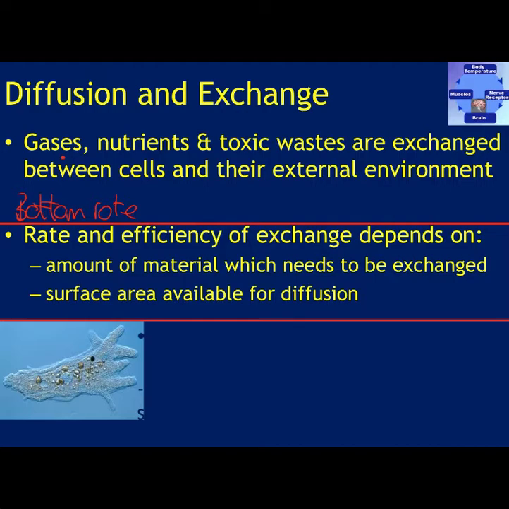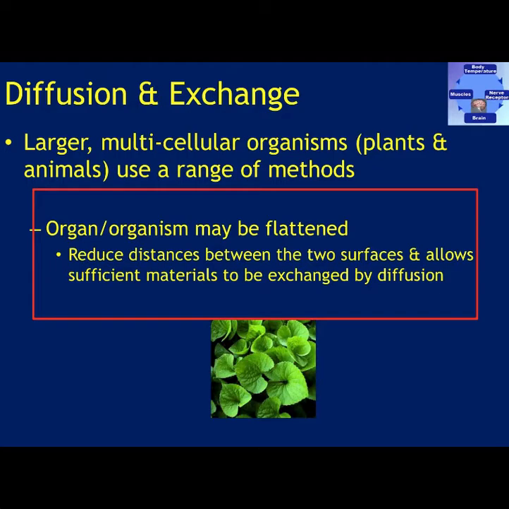Again, for us, our lungs and our skin both have large surface areas, so they're really good at diffusion. But if you're a little flat organism, they're going to be really good too, because the distance that they have to diffuse through is really, really small. So this is, again, still on our bottom row.